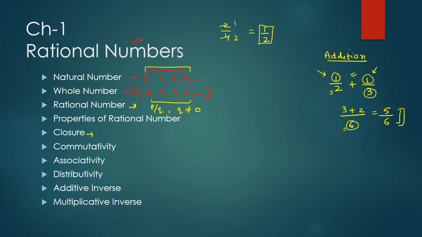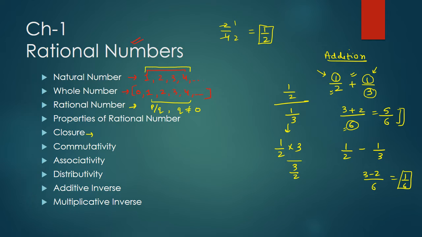So if you are adding two rational numbers, subtracting, or dividing two numbers, what will happen here? For division, this will be in reciprocal form, so you will get 3 by 2. When you subtract, 3 twos are 6, and then you cross multiply, 3 ones are 3 minus 2, 1 by 6. So you will see the result is always a rational number. That's why rational numbers hold the closure property.